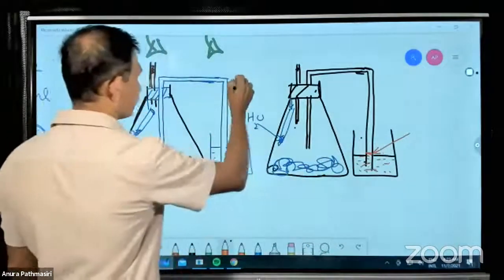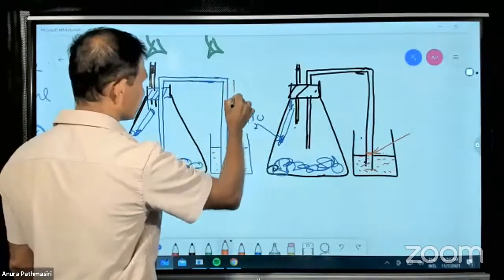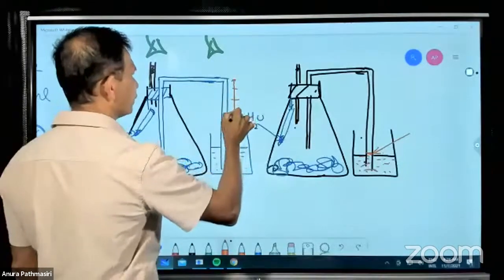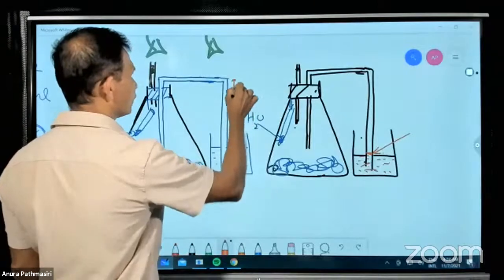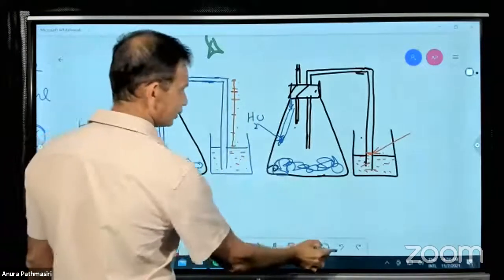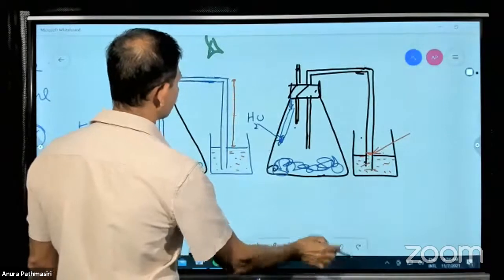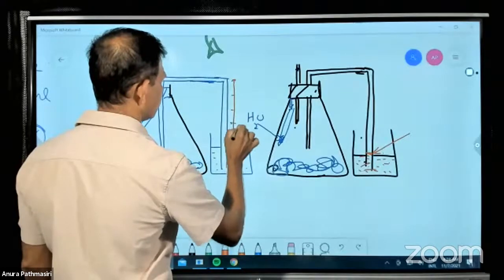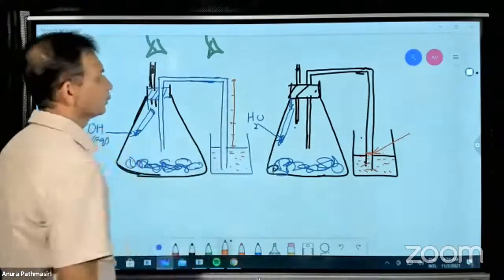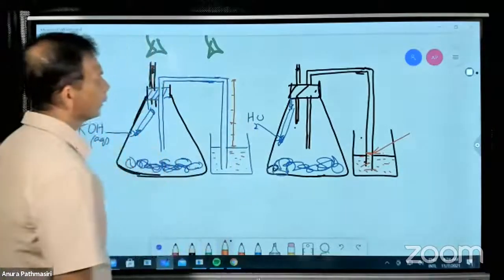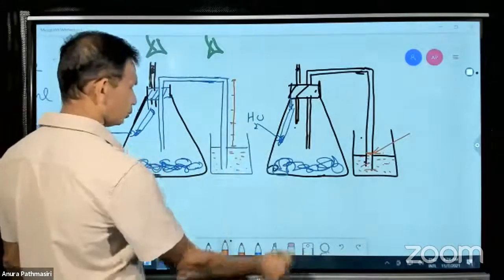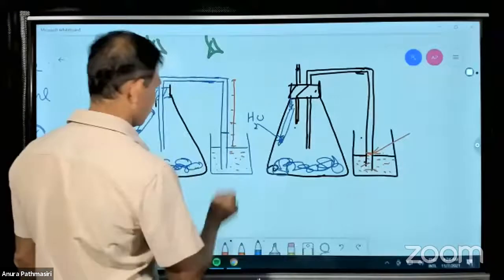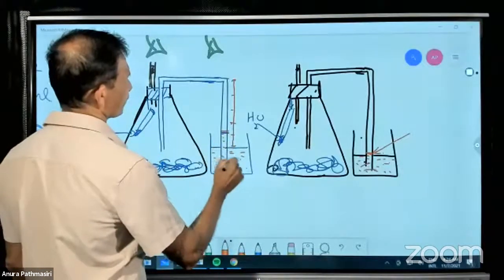But here, if you consider the total height is 5, if you break this height into 5 equal parts, 1, 2, 3, 4, 5, the height that the water column goes is 1 upon 5.